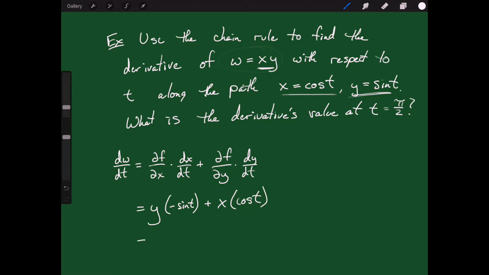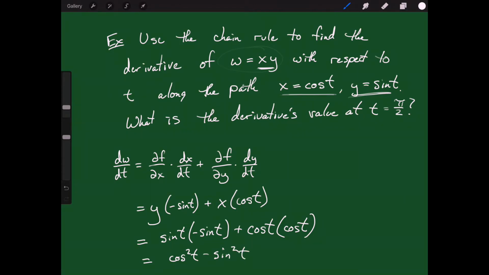Now let's write that all in terms of t. y is sine of t, so I get sine of t times negative sine of t plus x, which is cosine of t, times cosine of t. So if you like, I could write that this is cosine squared t minus sine squared t.